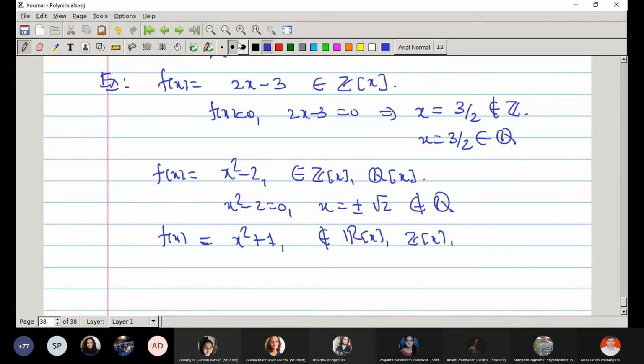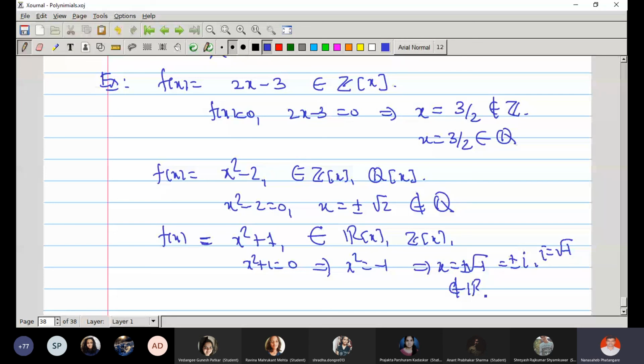What are the roots? x squared is minus 1, that means x is the square root of minus 1, that means plus minus i. What is i? Root of minus 1. So this root is not in R, not in real numbers, because this is an imaginary number.